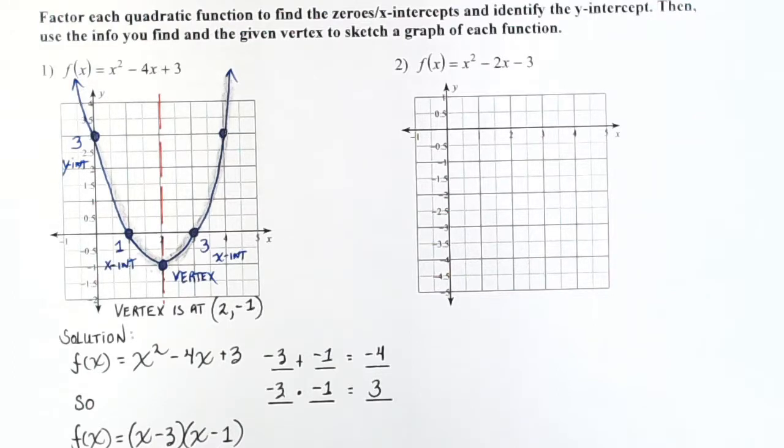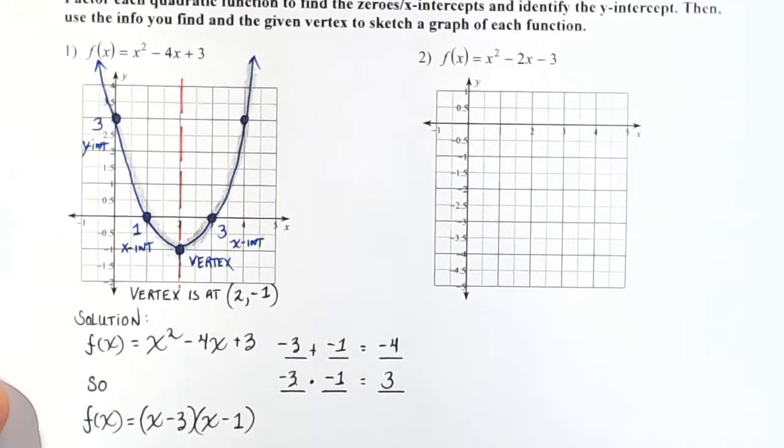You know what I'm going to do? I'm going to give them in this video, but it will be up to you to watch this video to get this information. Okay, so we already had the vertex for number 1, and number 1 is fully solved for you.